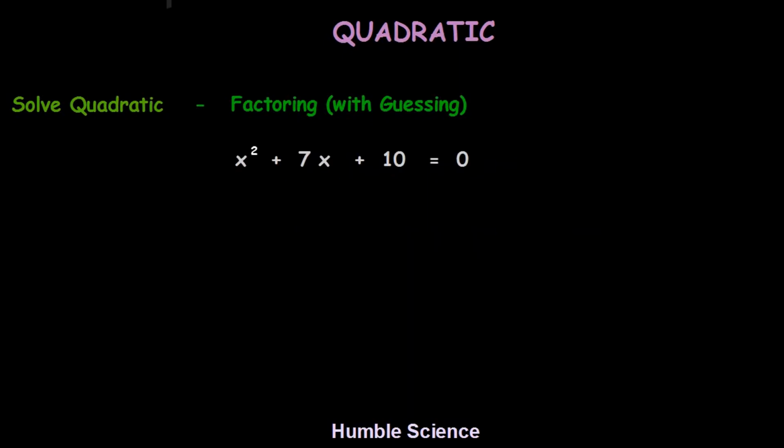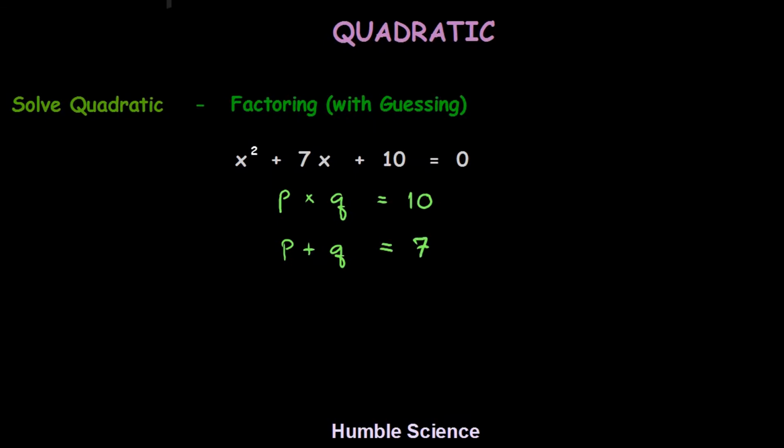Here we have x squared plus 7x plus 10 equal to 0. To factor this, we have to think of two numbers. I will write them down as p and q. And we know that p times q will have to be equal to 1 times 10, which is 10, and p plus q has to be equal to 7.